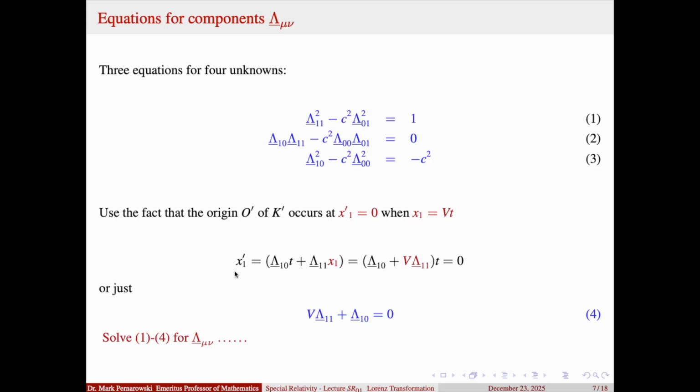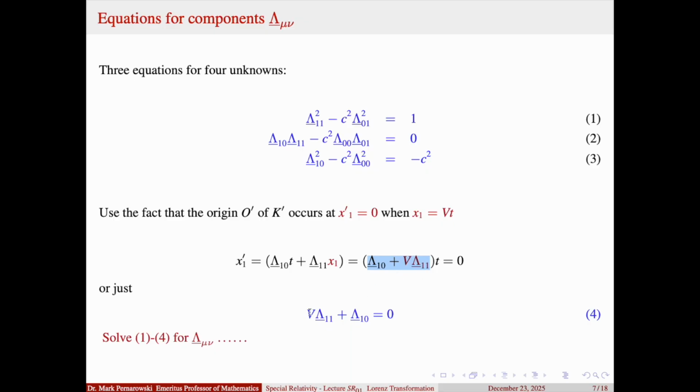So what does that mean? x1 prime has got to equal 0, and this is x1 prime represented in terms of the K coordinates. If I use this x1 equals vt in here, I simply get a coefficient times t, and that's got to vanish for all time t.